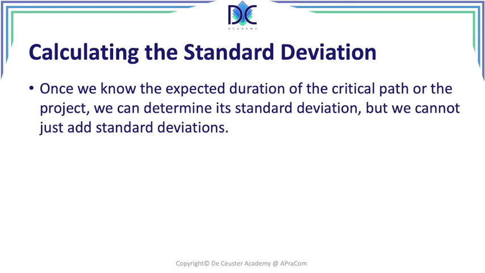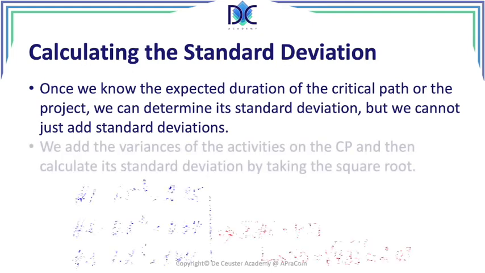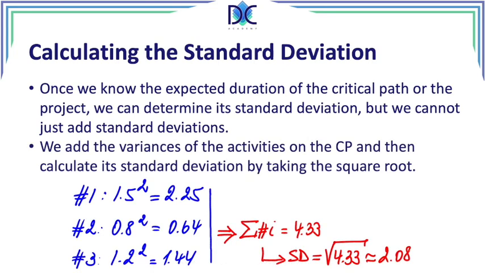We add the variances of the activities on the critical path and then calculate its standard deviation by taking the square root. And you see that here we have 1.5 squared, 0.8 squared, 1.2 squared, which gives us a sum of variances of 4.33, and we take the square root of that, which is approximately 2.08.